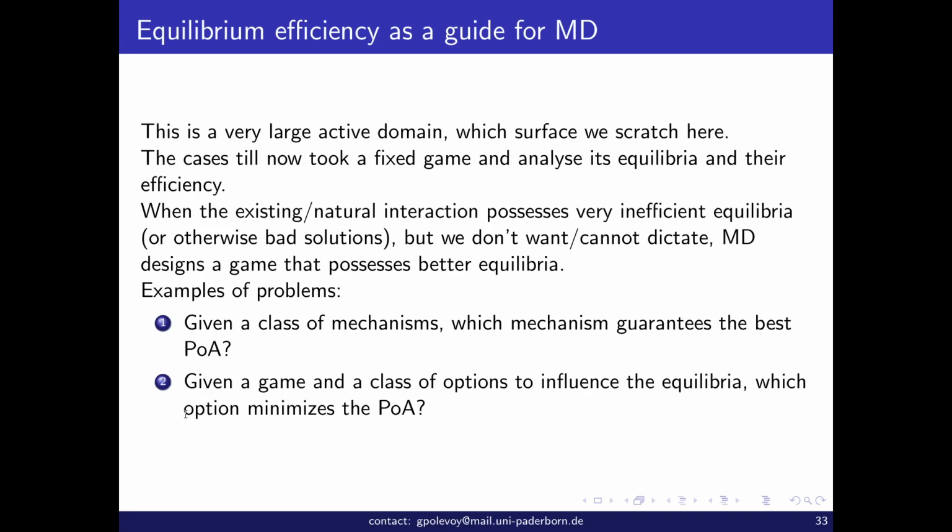And if you can only give a price of stability, then it shows that there is at least one solution concept such that, if you can convince the players to play it, they get as close to the optimum as the bound predicts. So that's a very strong prediction, especially when you have a bound of price of anarchy, and therefore it's very important to do it for practical reasons.